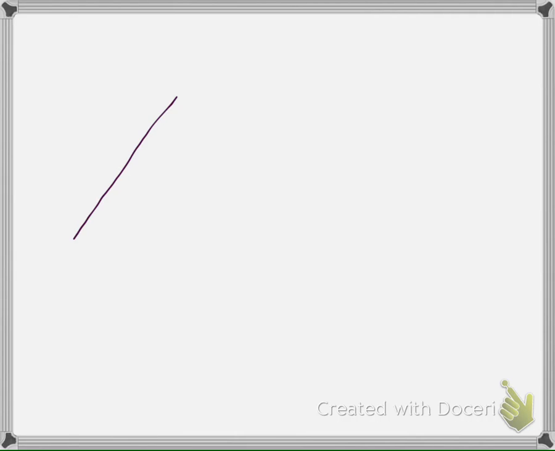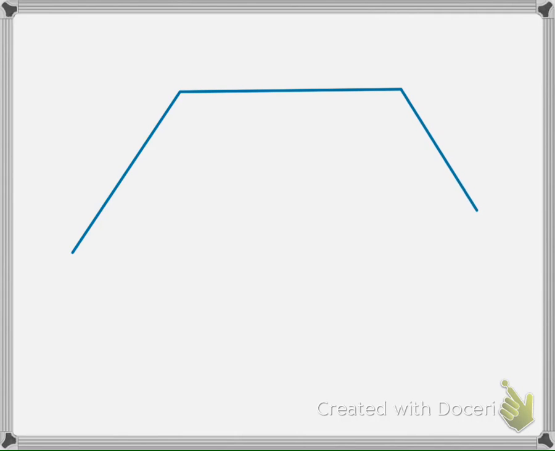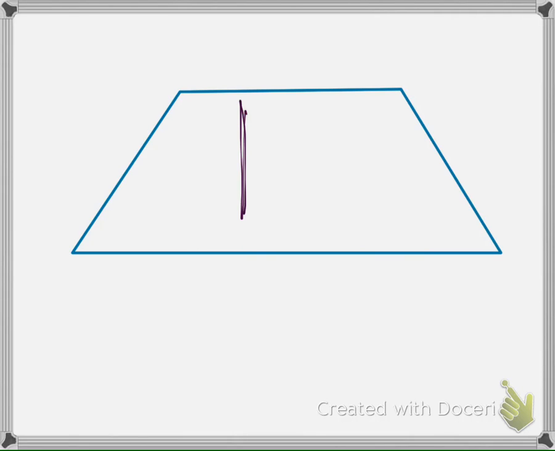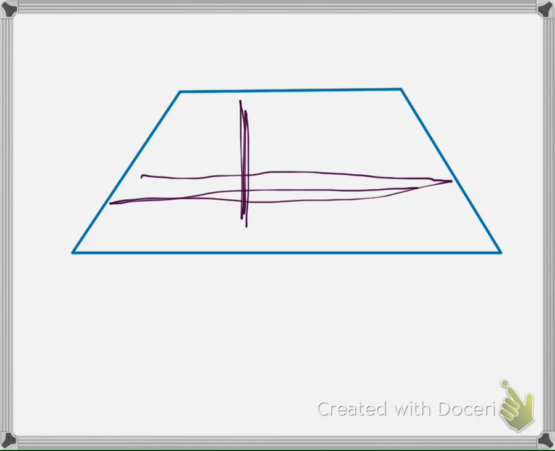What are we going to do with a shape that's not a triangle, not a rectangle, not a parallelogram? It's a trapezoid, meaning it's got two parallel sides, and then two sides which are definitely not parallel.